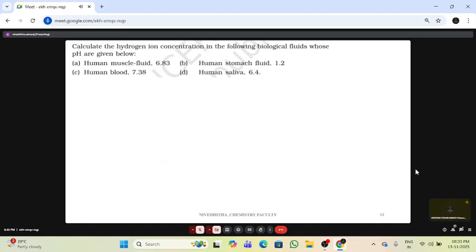Here's the question. Calculate the hydrogen ion concentration in the following biological fluids whose pH are given below. For which can we calculate H plus ion concentration now? Anything is fine. Shall we do it for human blood? The pH of human blood is given as 7.38. Can you please calculate the hydrogen ion concentration?